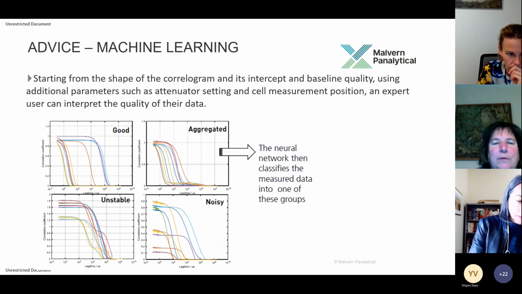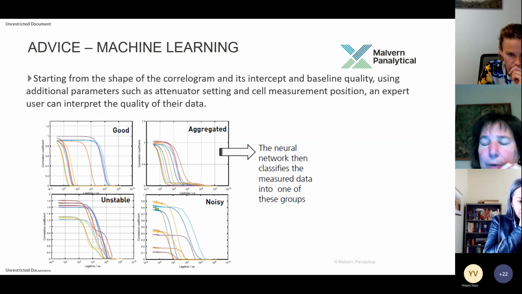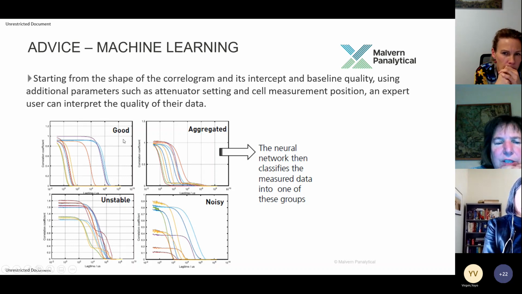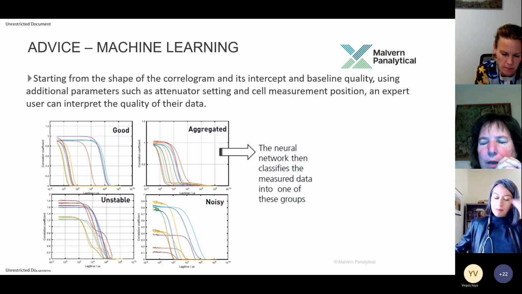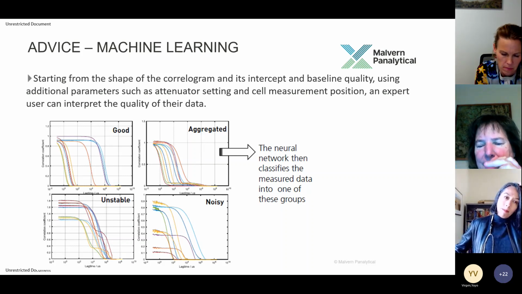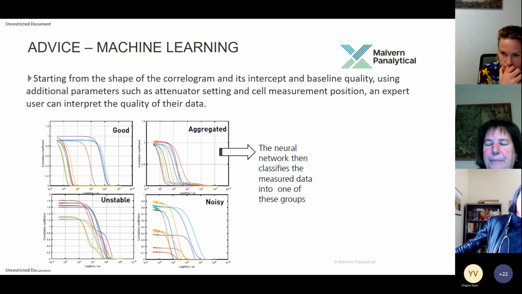So I've also introduced the concept that there's this new machine learning for the new instrumentation. Basically, we've identified certain things about the correlation function. So we know what a good correlation function looks like, what aggregates look like, unstable types of measurements, noisy measurements. There's a neural network that classifies a whole range of issues in the correlation function as your data is measured, and it classifies your data into these groups.